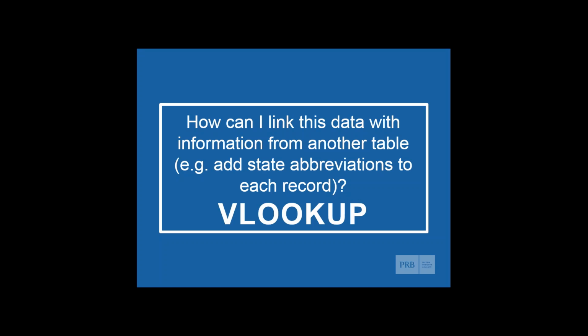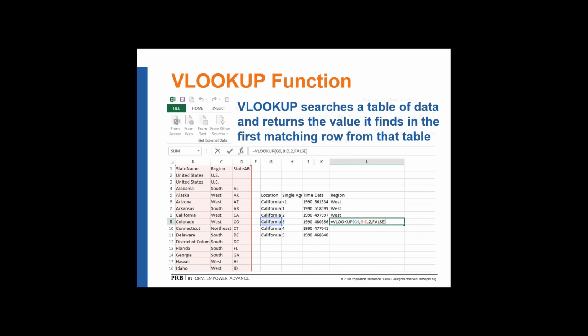Now, VLOOKUP can be a little bit complicated, so I'm going to go through the concepts behind VLOOKUP first before we jump into an example. VLOOKUP searches through a table of data and returns the value it finds in the first matching row from that table. VLOOKUP is an easy way to search for data, searching for your search term in a table and giving you information from anywhere else in that same row to the right of that search term.